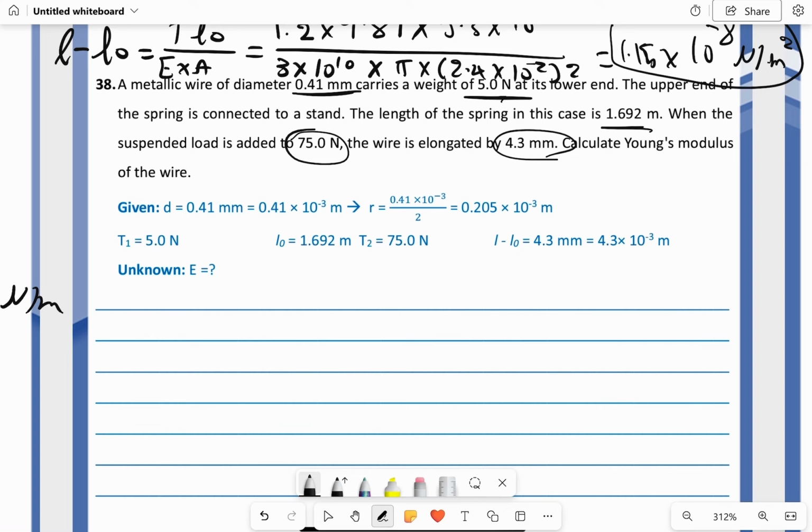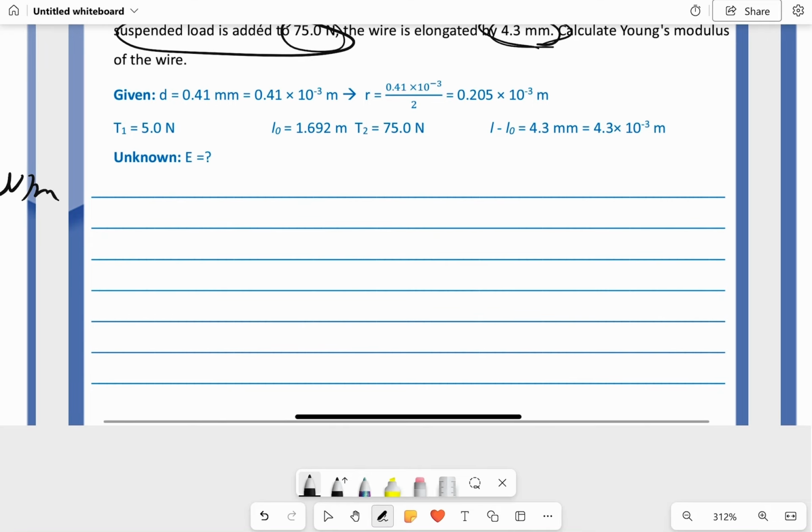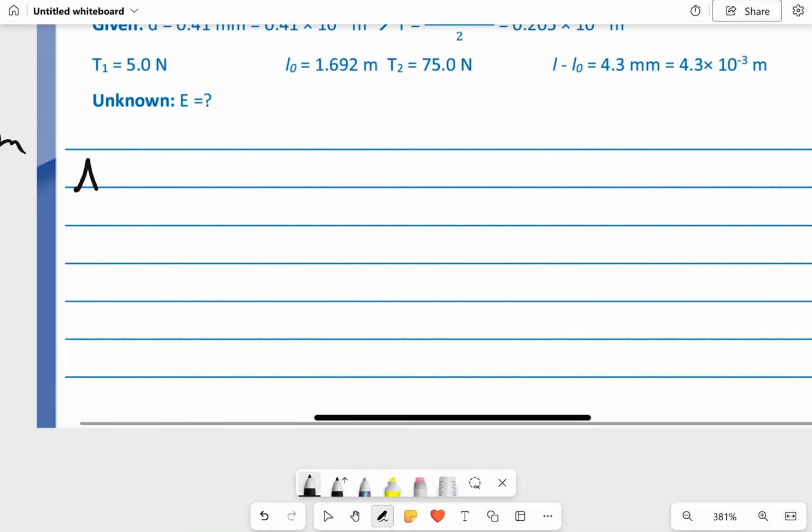It says when the suspended load is added to 75, only when it becomes 75, the wire elongates by 4.3 millimeter. So before it was not elongating. So we are going to subtract this one from this one. You can say delta tension is equal to T2 minus T1.